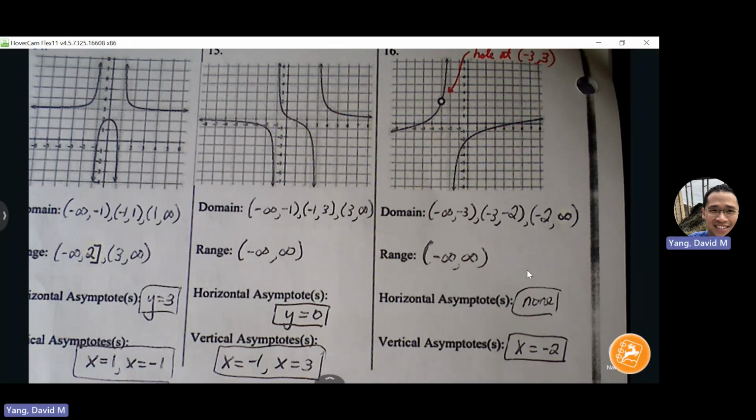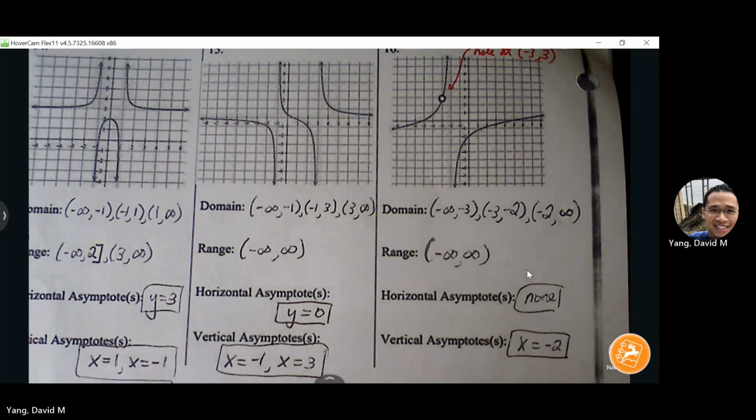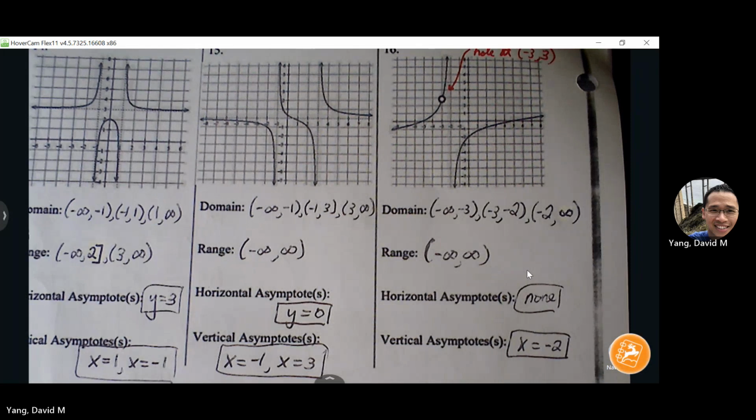Okay, try 17. Okay, so really the easiest way to see the behaviors of these graphs is to factor everything out. Once you factor everything out, you should be able to see clearly the relationships between numerator and denominator.